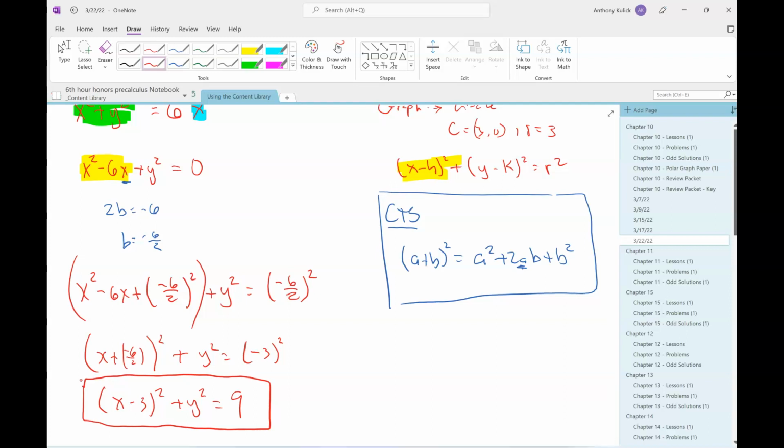So, Mr. Kulik, when I want to complete the square, I'm just going to take the coefficient from the linear term, divide it by 2, square that, and add it to both sides. Yep. Well, I should say, as long as the leading coefficient on the squared term is 1, which will always be the case for us, then yes.